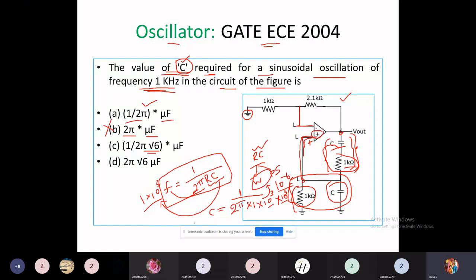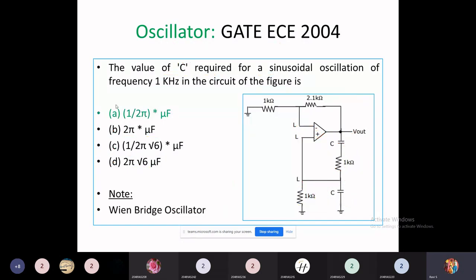So there is no phase shift by the amplifier stage. This root 6 formula is for the RC phase shift oscillator, so this cannot be applied here. The same with 2 pi times root 6, they have brought this to the numerator side. Still it is not applicable. So the answer is 1 by 2 pi microfarad.